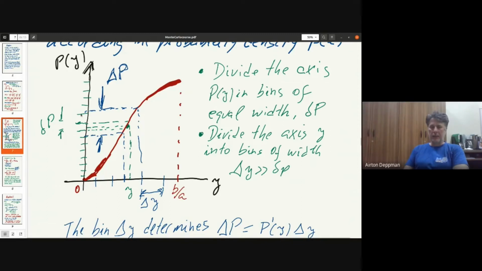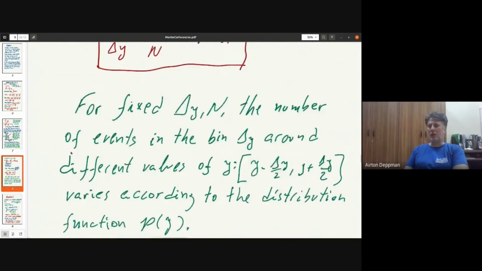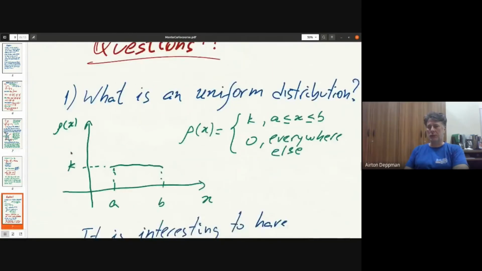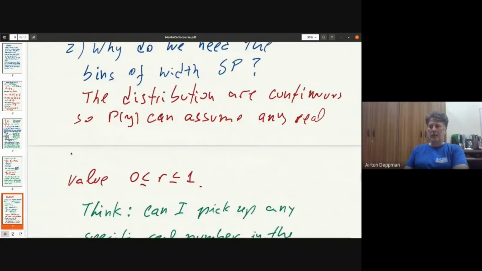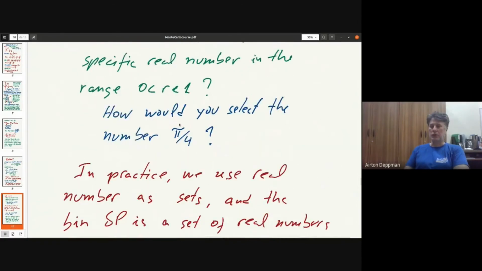And I just count how many numbers are inside this range. But the problem is the numbers here are real numbers between 0 and 1. And the question is, how do I choose a real number? Can you understand how you choose a real number? Let's say I want to choose pi over 4. How do I get this number?